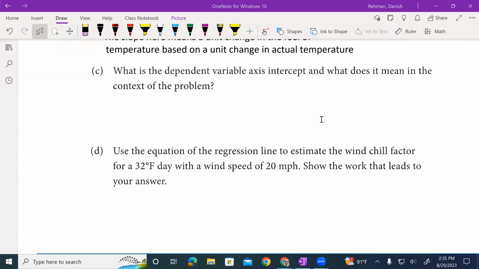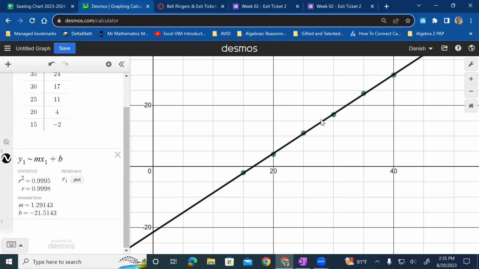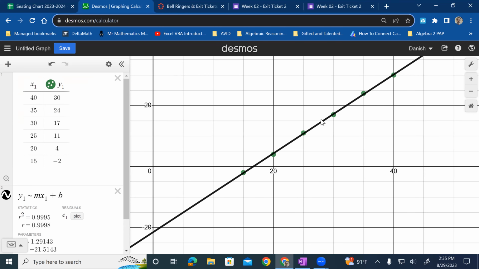Look at that. We have mentioned here X as the actual temperature, and the field over here is entered as the Y. Y is always the dependent variable, and X will be the independent variable.